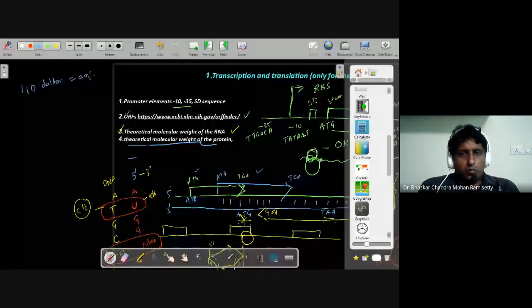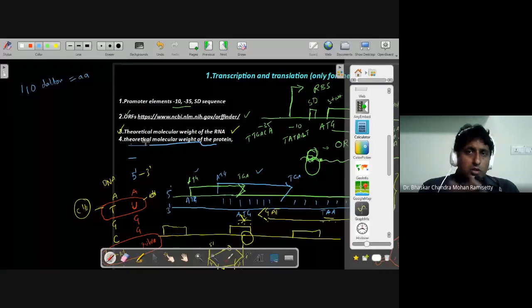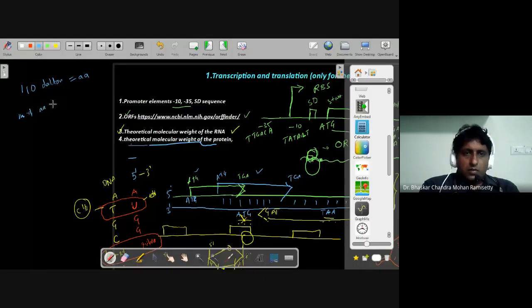So it's easy to now calculate the theoretical molecular weight. It's not the absolute molecular weight. Absolute molecular weight will differ based on the composition. Theoretical molecular weight will be the number of amino acids times 110 daltons, and that will give you the theoretical molecular weight of the protein in question.